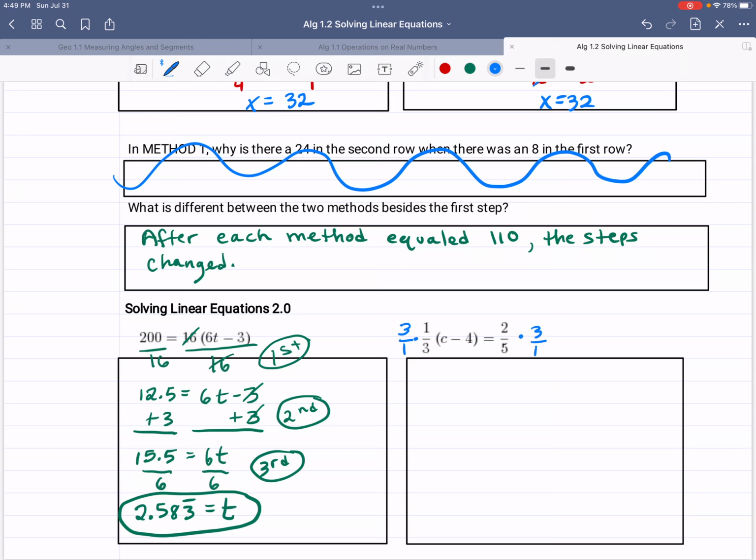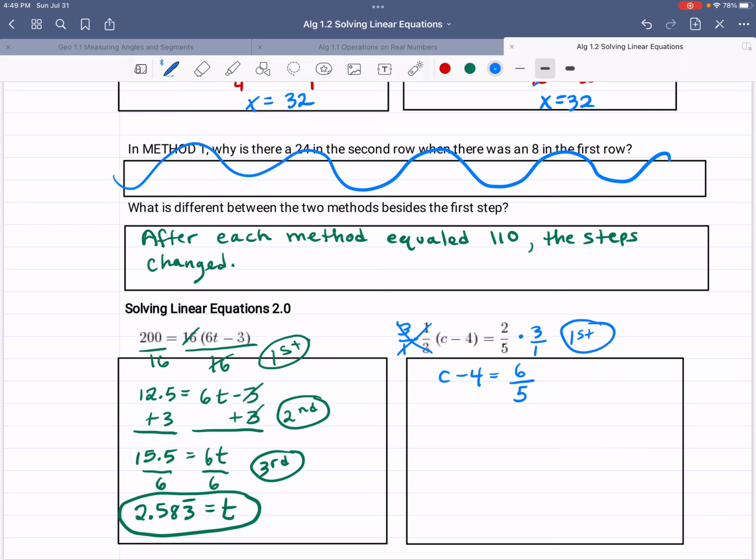It's the flip of 1/3. Because watch what happens. 3 times 1 is 3, and 1 times 3 is 3. 3/3 is 1. So this cancels, leaving us with c minus 4 equals, in a fraction we're just going to multiply across. 2 times 3 is 6. 5 times 1 is 5. So that was our first step.